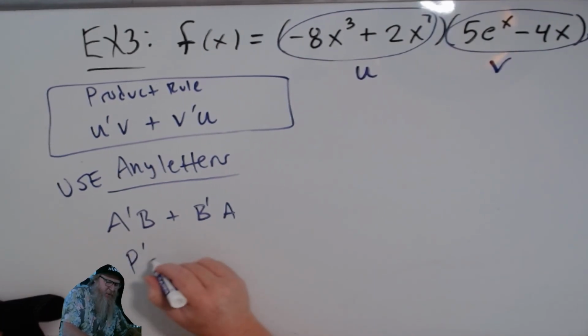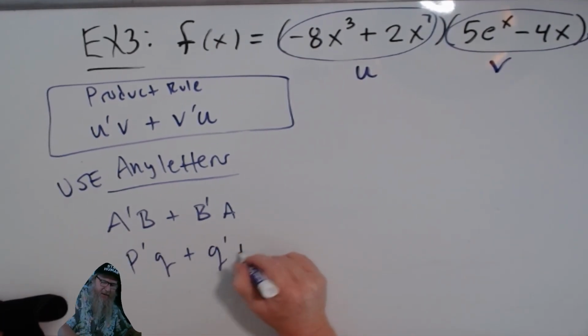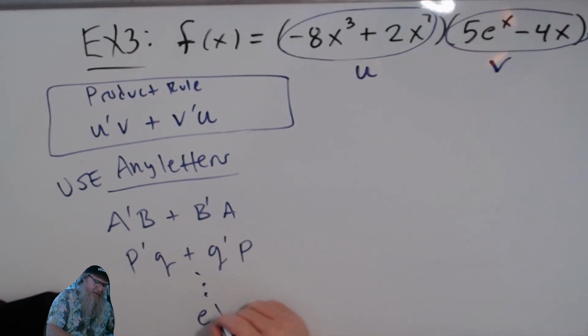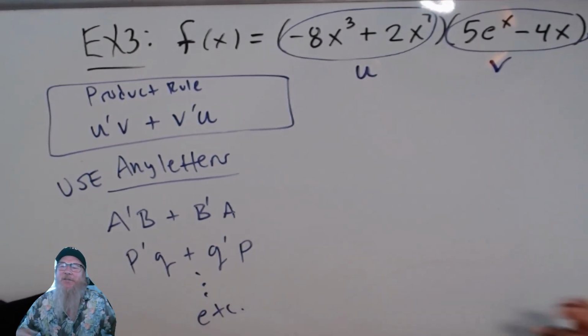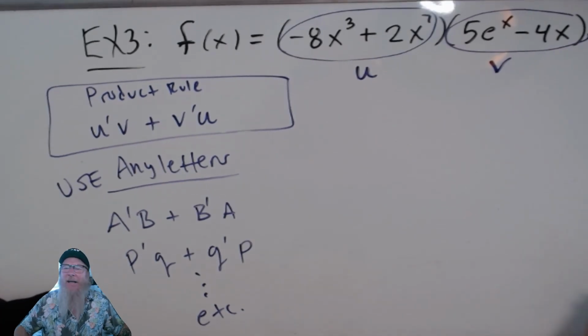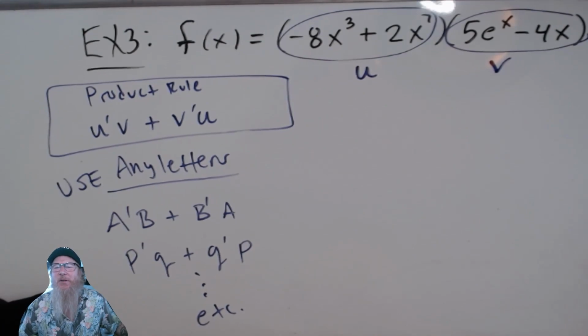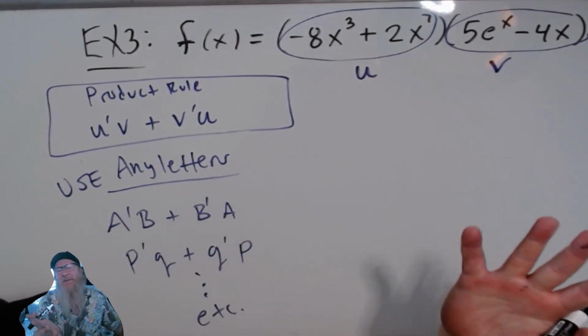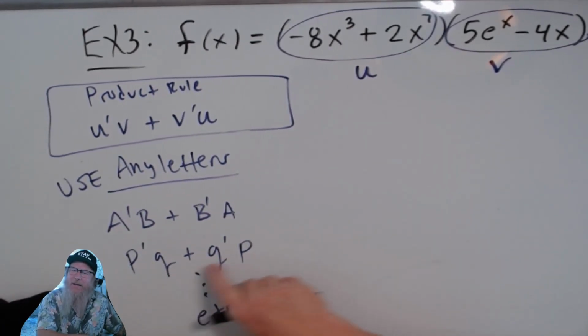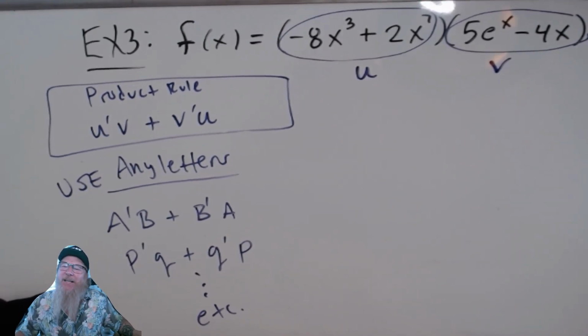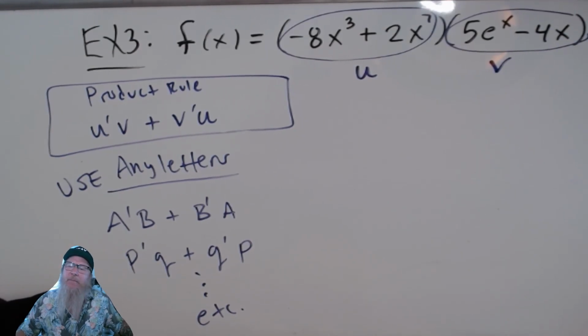You could say p prime q plus q prime p. You could do it any way you like. The most common letters for functions are f and g. I might introduce u and v as probably the second most common, but a and b, not very common. P and q, yeah, they show up. We've seen p and profit. We haven't seen q yet, but q might be a nice variable to hang on to for later.